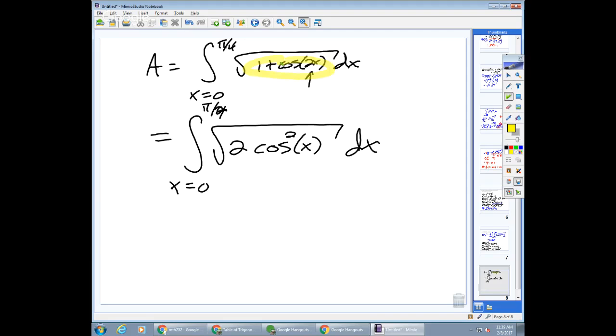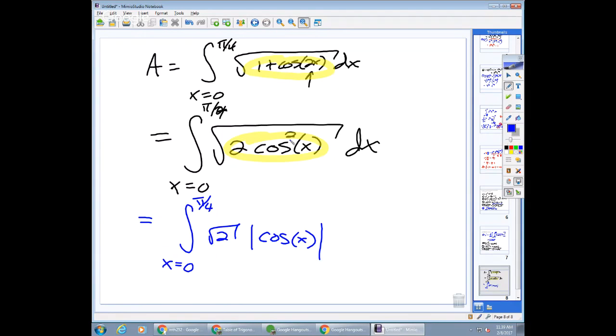So 1 plus the cosine of 2x should be equal to twice the cosine squared of x, according to that identity, which is nice because square and the square root do wonderful things together. So now I have the integral as x goes from 0 to pi over 4 of the square root of 2 times, technically that's the absolute value of the cosine of x, because the square on the inside eliminates signs and the square root only puts out non-negative answers.